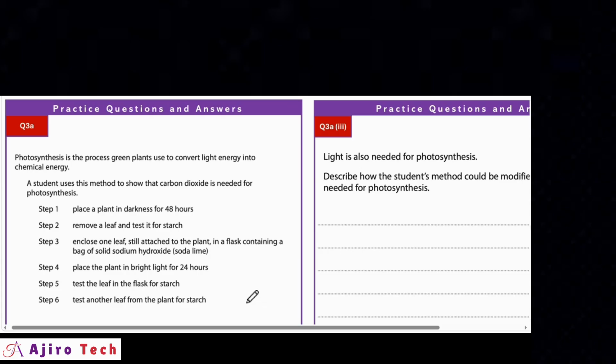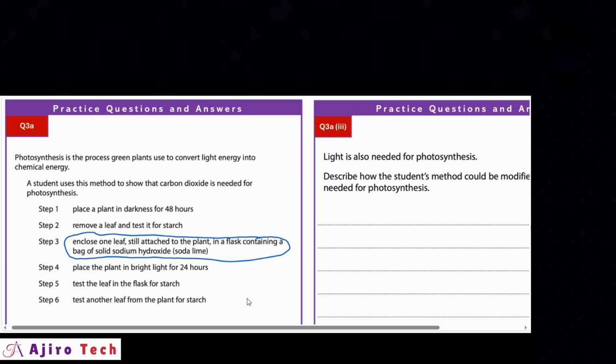You see step 3? We are going to change step 3. We are not going to put the leaf in a flask, because the flask is transparent. Light can easily penetrate.